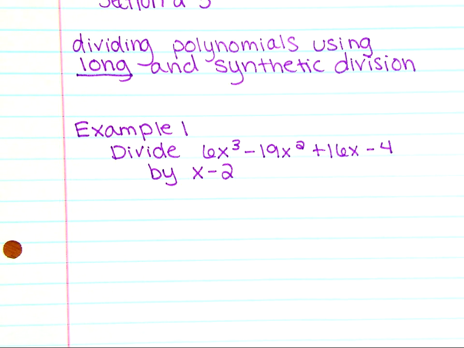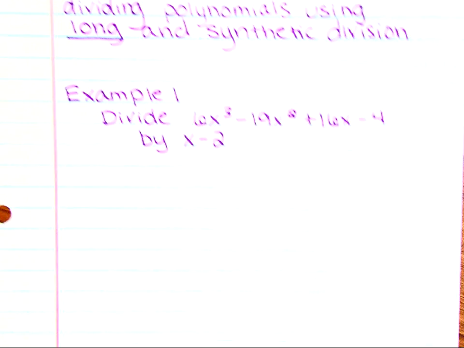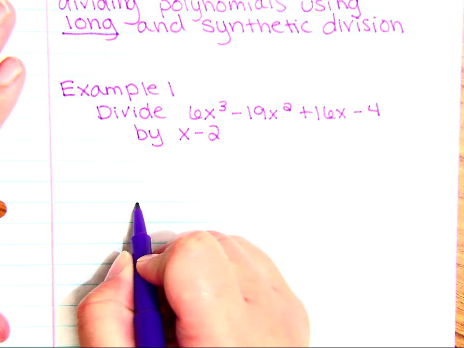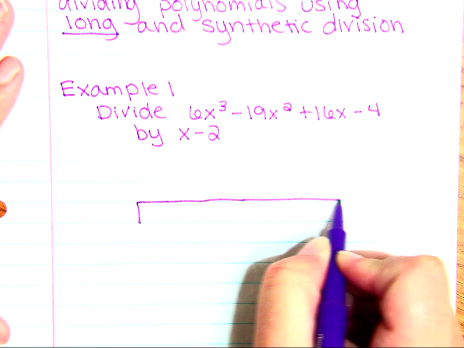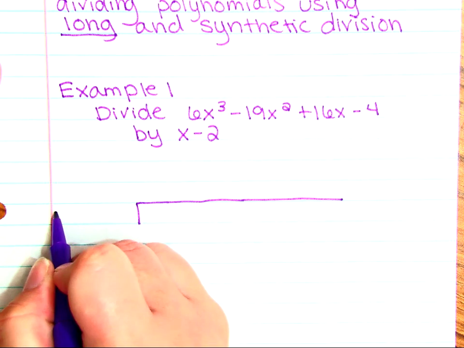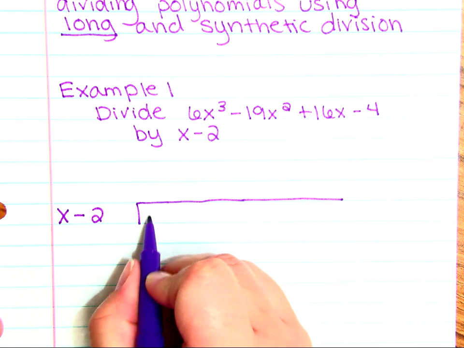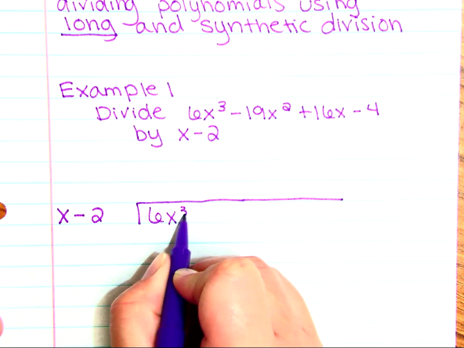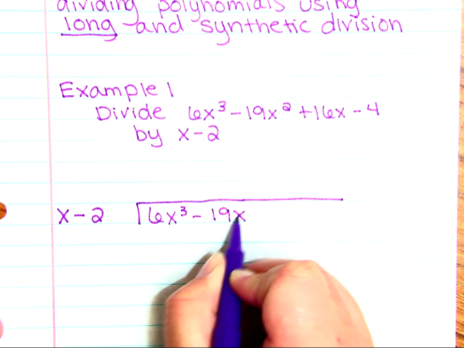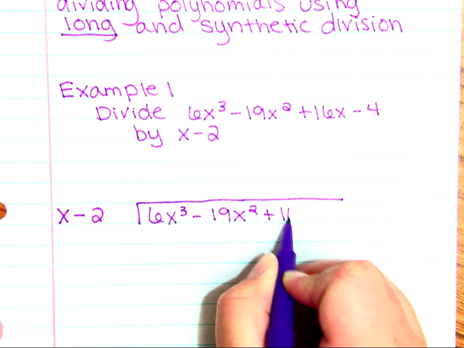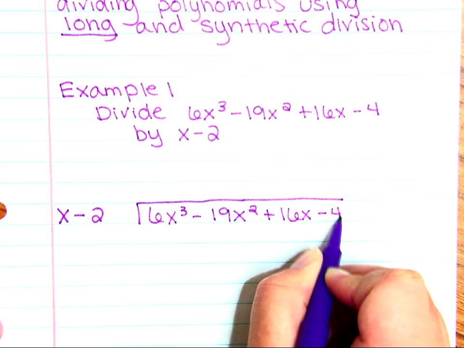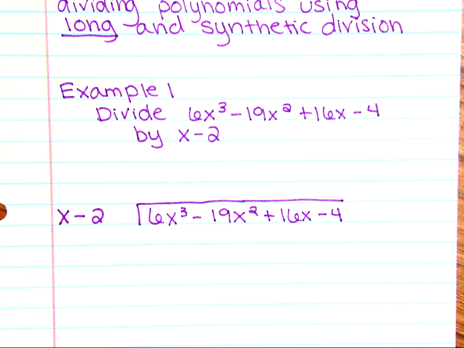Okay? So the first thing I need to do is go ahead and set up my long division. So x minus 2 would go out here. That's what I'm dividing by. And my polynomial, 6x cubed minus 19x squared plus 16x minus 4 would go underneath my division.